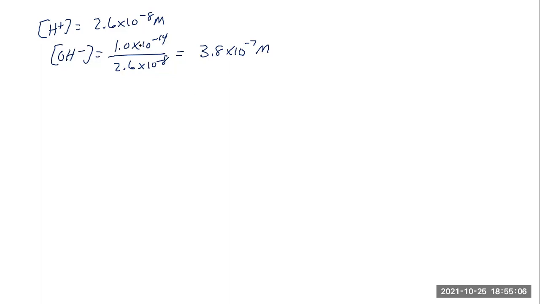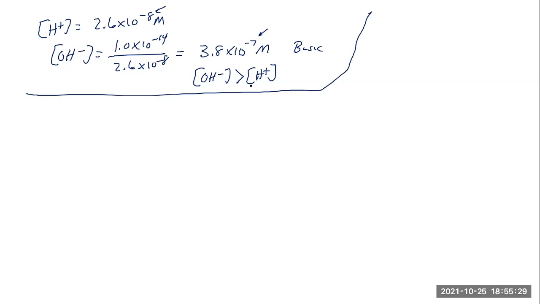We're now going to compare the H plus, which is the acid part, minus 8, to the base part, which is minus 7. In this case, the OH minus is actually larger than the H plus, which means this one would be basic, like the first one was acidic. Any questions on that one?